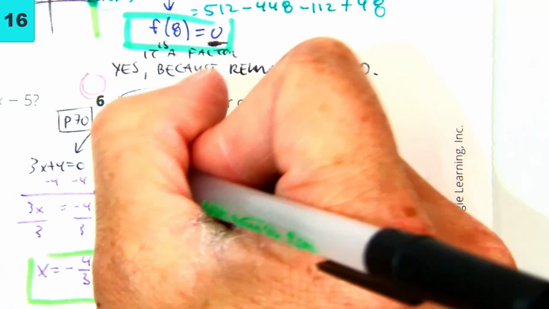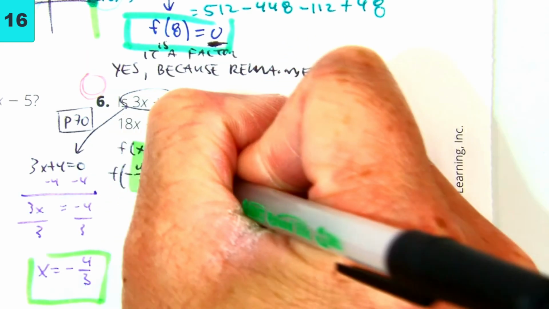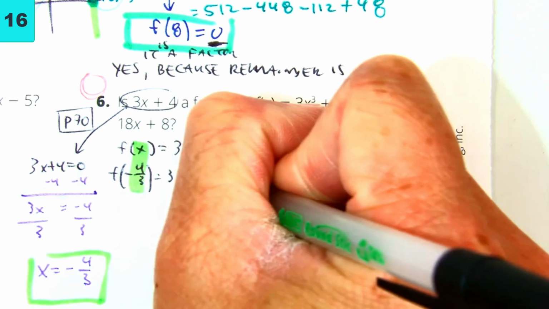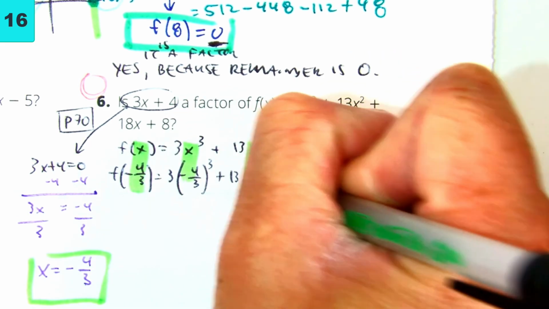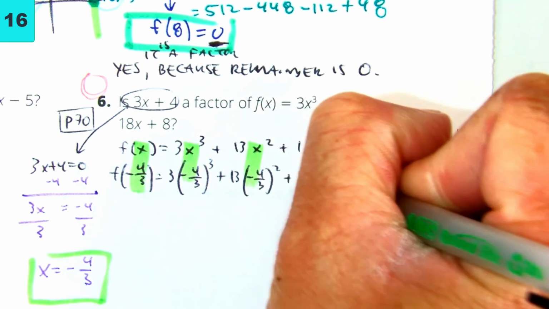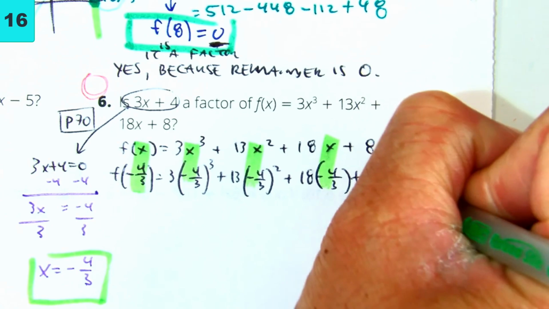So now I put in negative 4/3. And I'm going to go ahead and simplify.